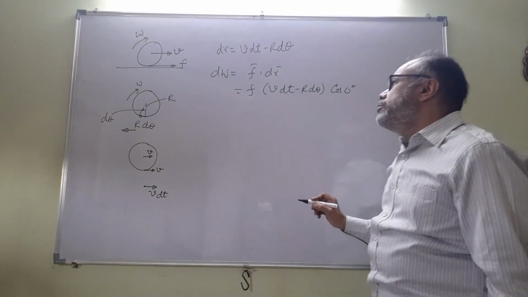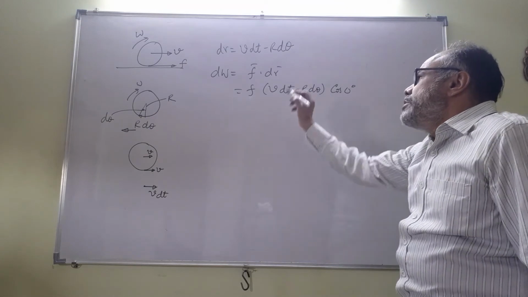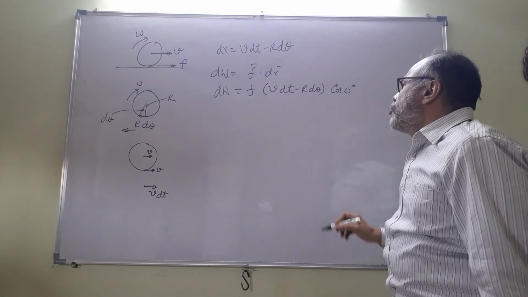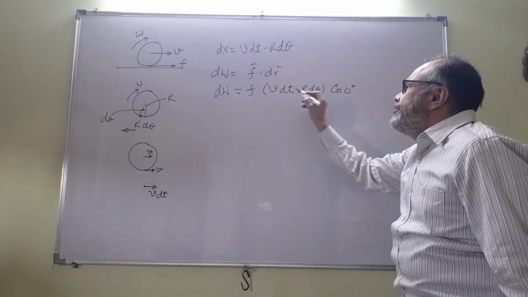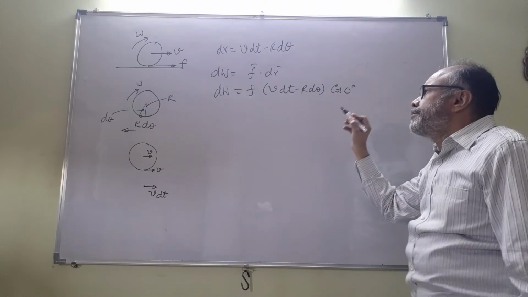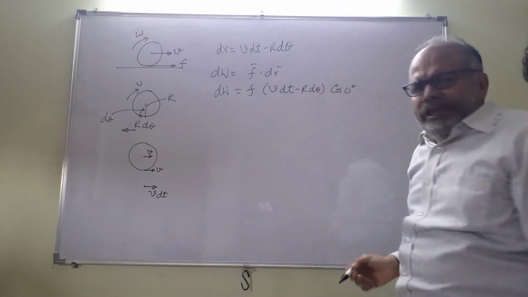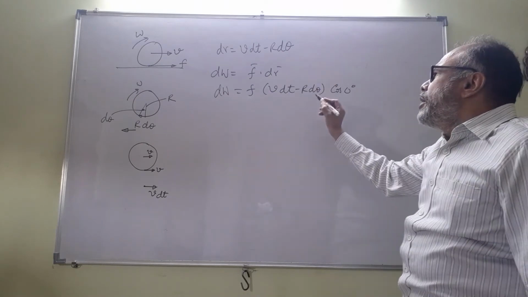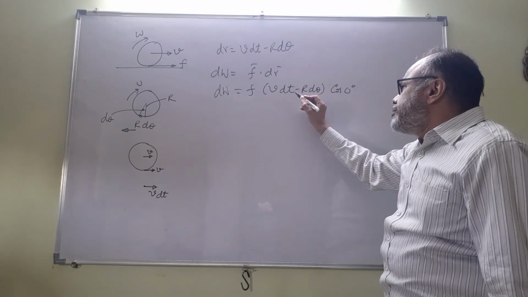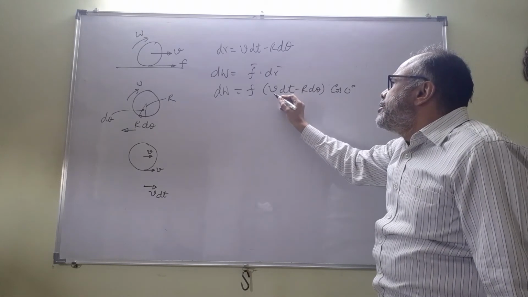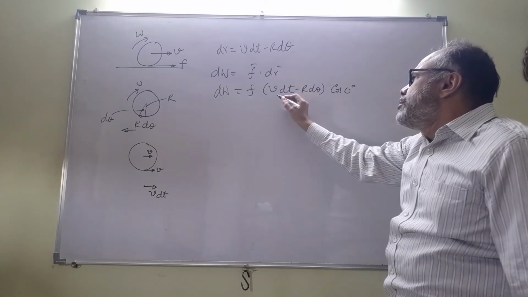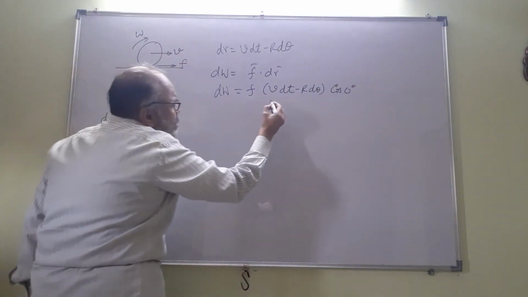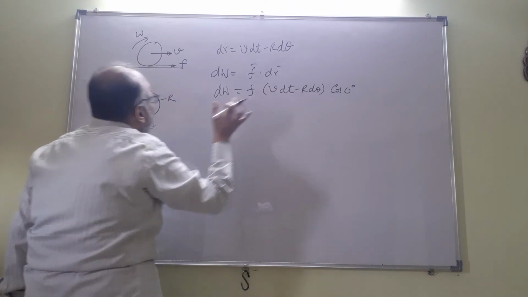Now what we need to do is integrate this to find the total work done by friction. For that, first of all, let us get everything in terms of time, because we have got dt, and we want the work done in a certain time, let us say t. So let us now see what is v dt. This v is going to vary. This v is because of the translation of the center of mass.